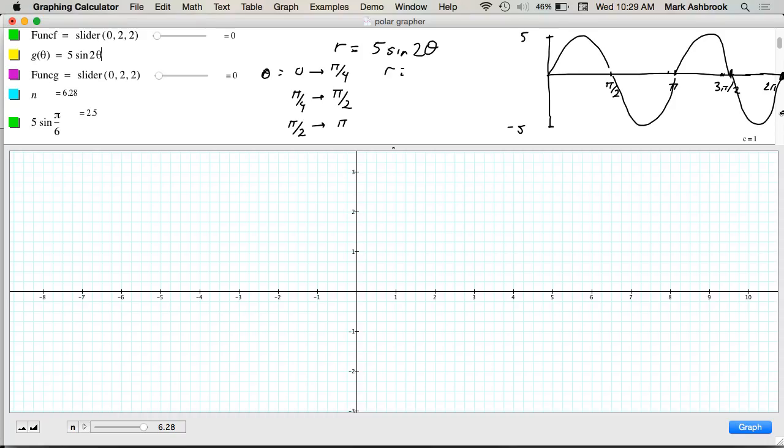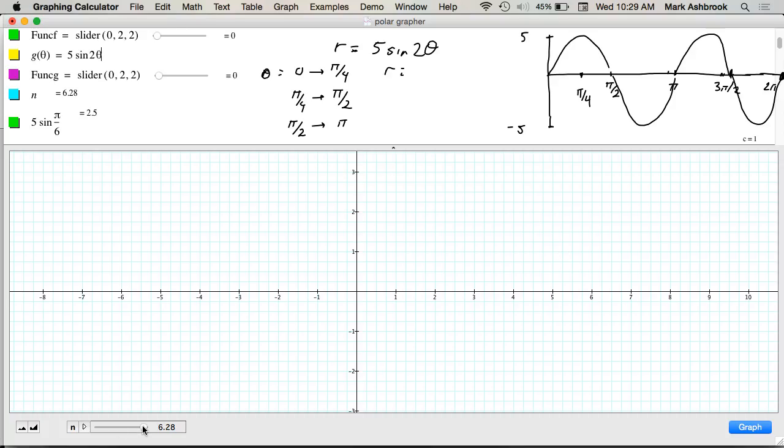So here we go. When theta goes from 0 to pi over 2, what does r do? R goes from 0 to 5 and back to 0. So really we want to maybe break this up into pi over 4s when we talk about the ranges of theta.